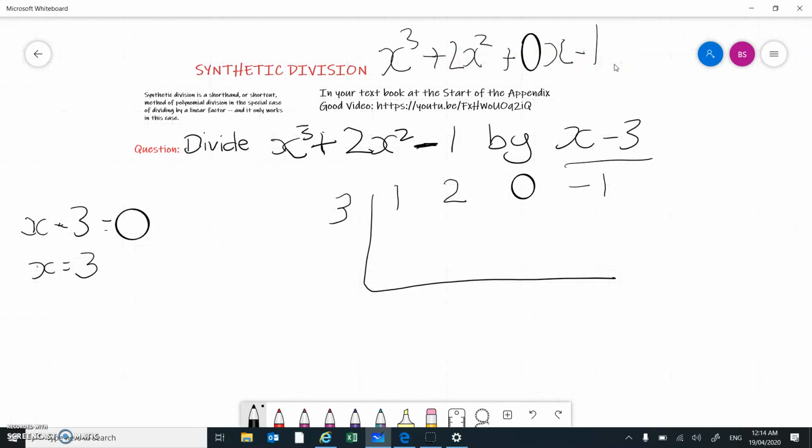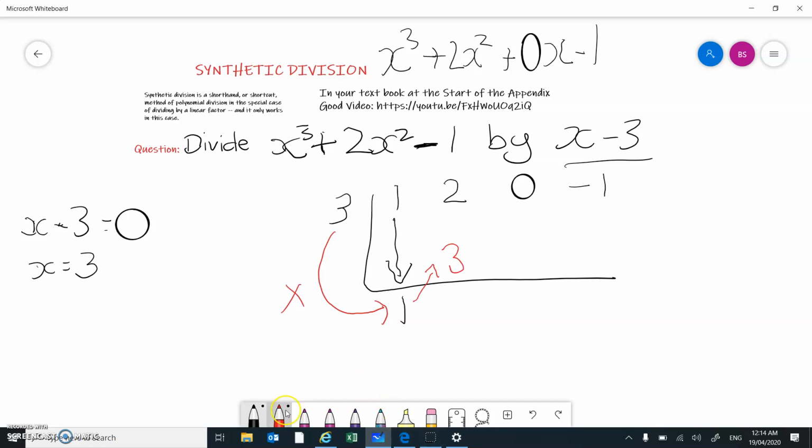Now, the first thing we do is copy the first term down. Then we take this term here and multiply it by that one there. 3 times 1 is 3, and we write that in this spot here.